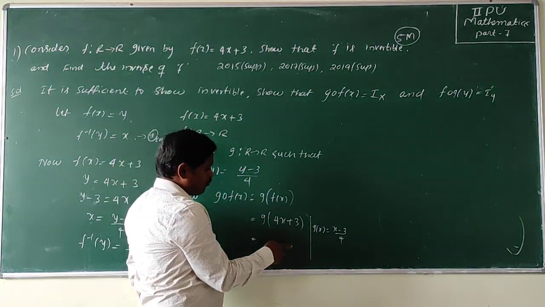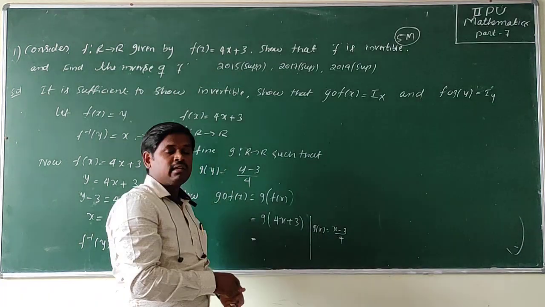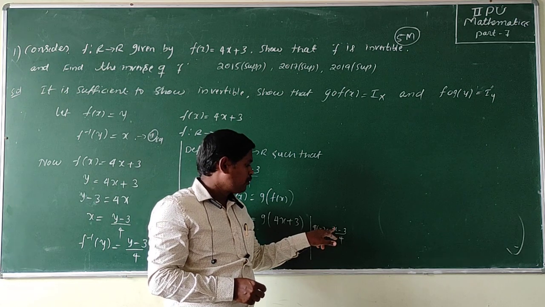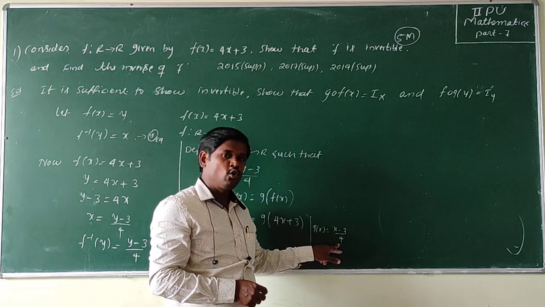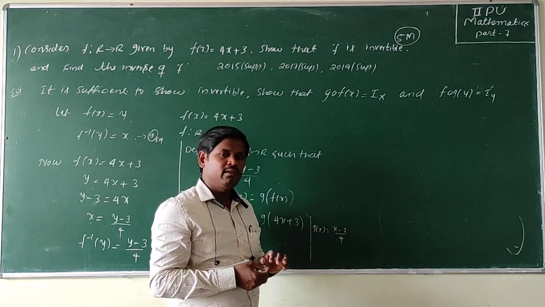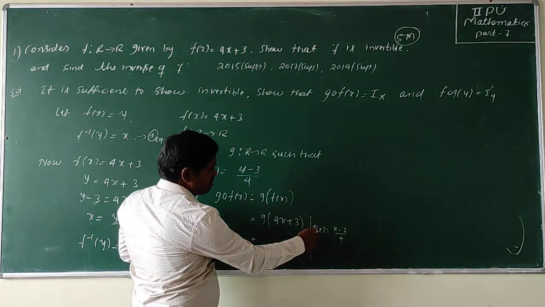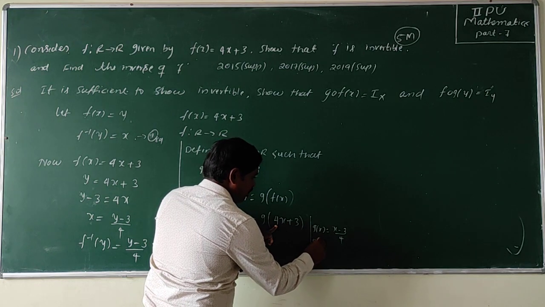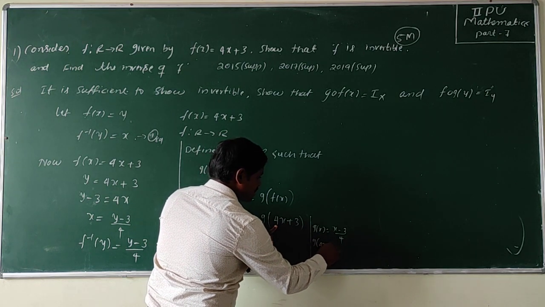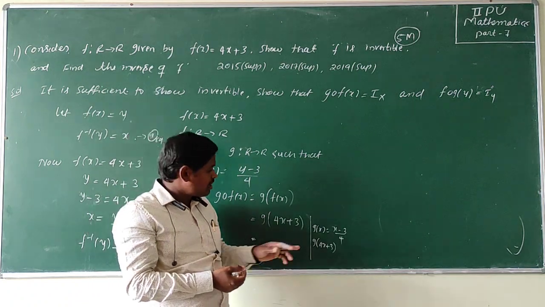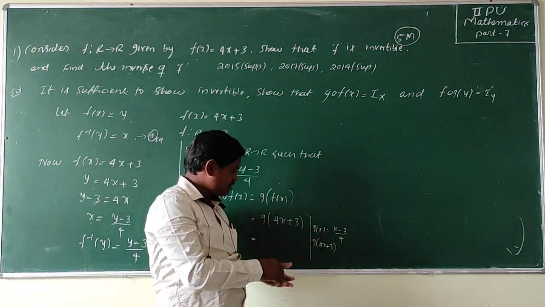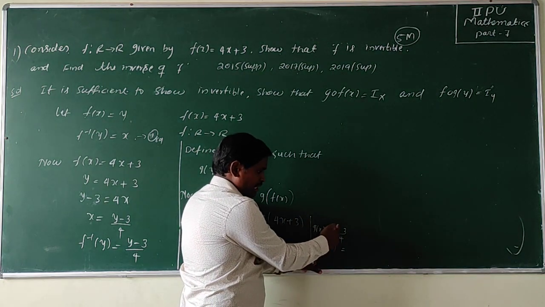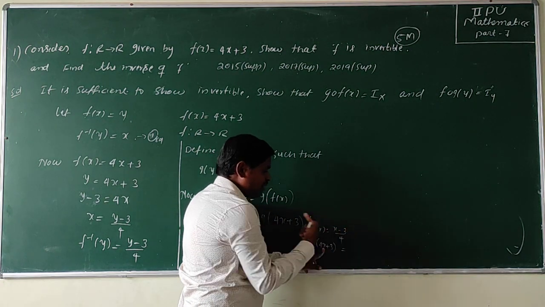If I put y, it is in terms of y; if I take x, it is in terms of x. Suppose x is the input, then the output is (x minus 3) divided by 4. But here, instead of x, 4x plus 3 is the input, that is g of 4x plus 3. So the output is (4x plus 3 minus 3) divided by 4.